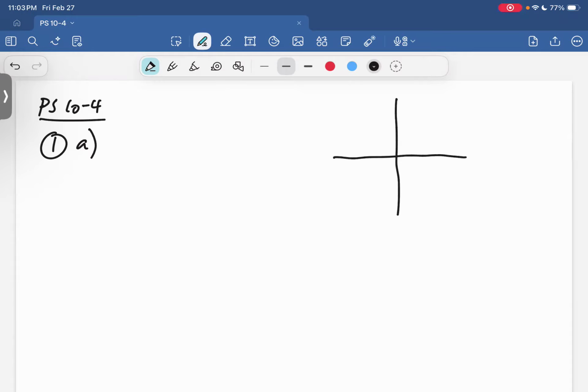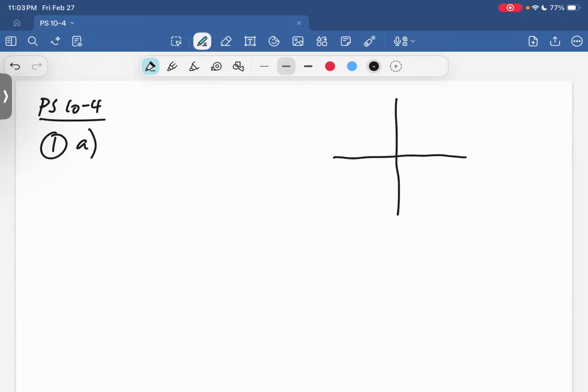Next, question C. So let me think about my vertices. I'm at 4, 1 and 4, 9, 4, 0 and 4, 10. So that means I have a vertical hyperbola, right?